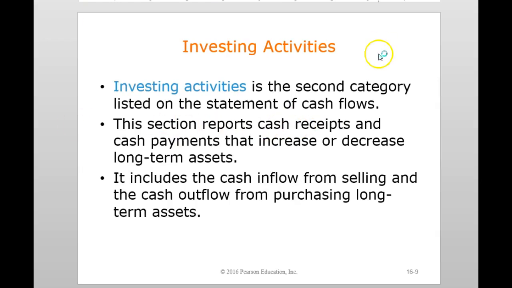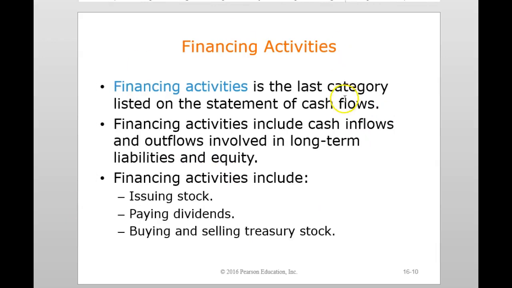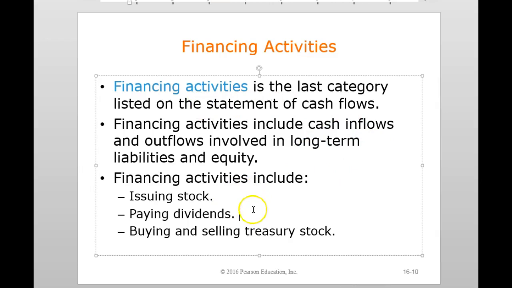Then it looks at investing activities also, and that's the second category. We looked at cash receipts and cash payments that increased and decreased long-term assets. And then we looked at the financing. Okay, that was the very last one. And those include issuing stock, paying dividends, buying or selling treasury stock, bonds, anything of that nature.